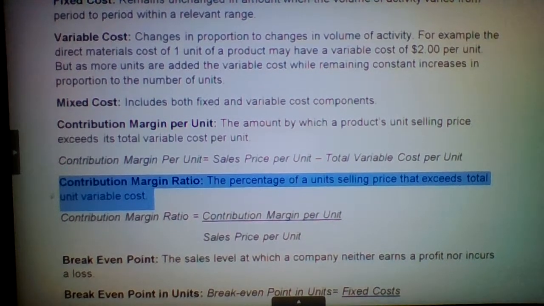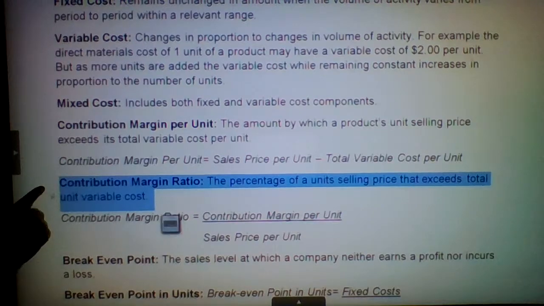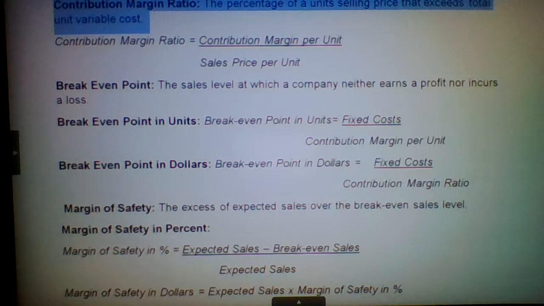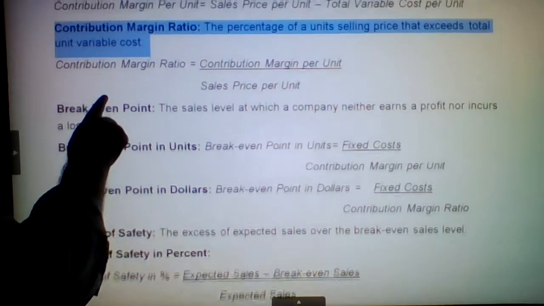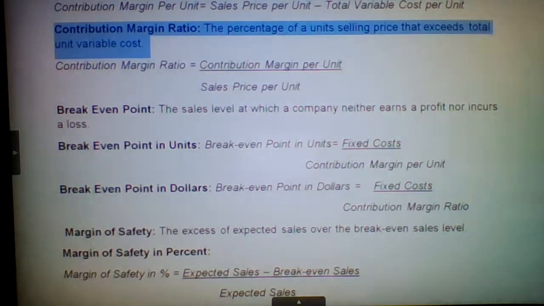You have $30 of contribution margin. That would be a 30% contribution margin ratio. So again, contribution margin ratio equals contribution margin per unit, which we figured out up here, divided by sales price per unit. And that gives you your contribution margin ratio.